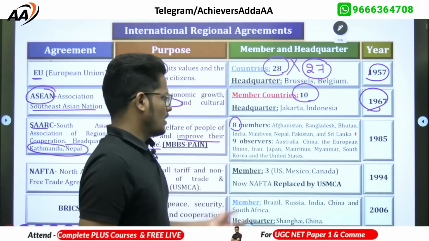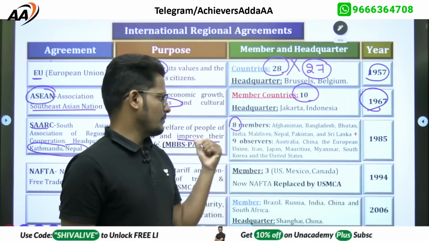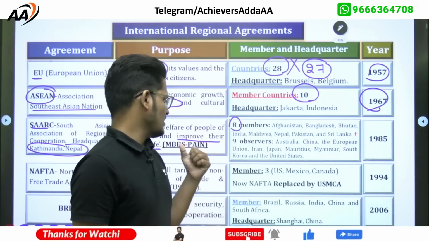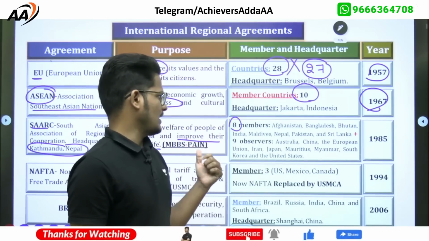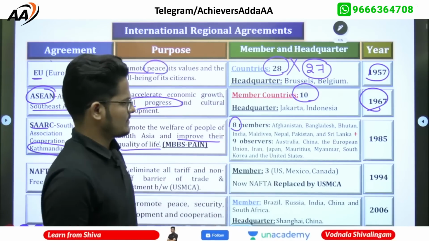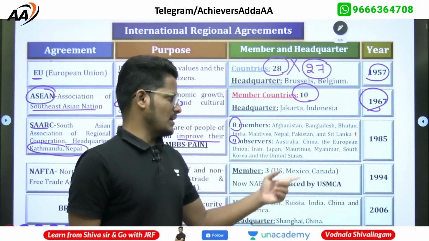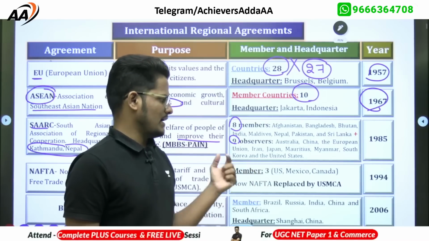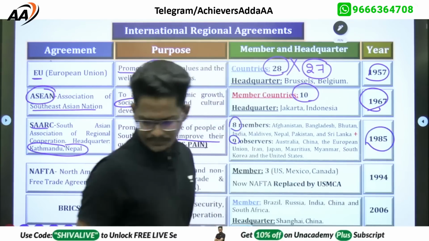M Maldives, B Bhutan, B Bangladesh, S Sri Lanka, P Pakistan, A Afghanistan, I India, N Nepal. Total 8 countries plus 9 observer countries: Australia, China, the European Union, Iran, Japan, Mauritius, Myanmar, South Korea, United States. It was established in 1985.